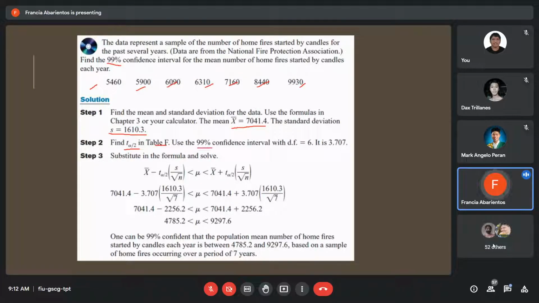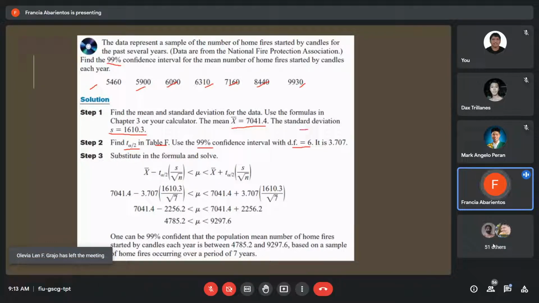So for 99%, how do we get it? Go to the degrees of freedom. The degrees of freedom here, how many did he get? He used 6. Counting the values, 1, 2, 3, 4, 5, 6, 7 actually.